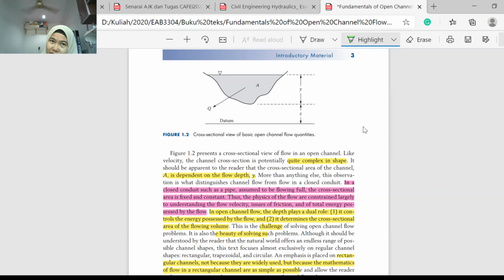Because we consider that the flow is full in the pipe. But in the open channel, you can have many different shapes. So you have Q, and Q always relates with A, and A always relates with y, the depth of the flow.